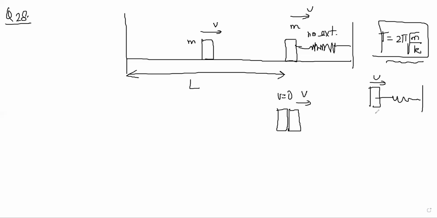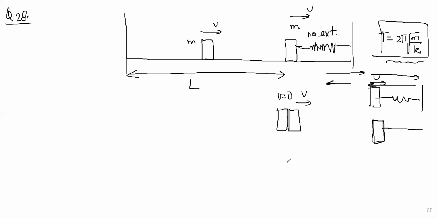I just want to find out how much time it takes to come back here. That would have been the time period if it went inside, came back, and then continued here and came back.